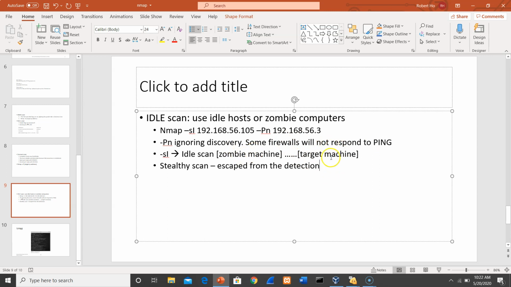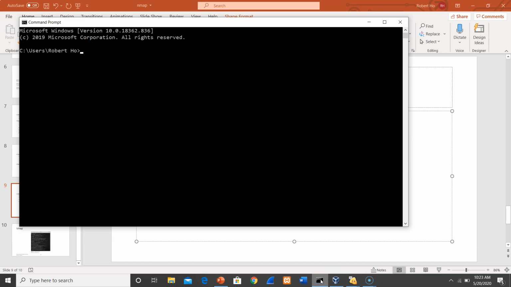So the target machine will not know that we are actually the ones running the Nmap scan. So this is considered a stealthy scan. Okay, so let's try again. Let me see.